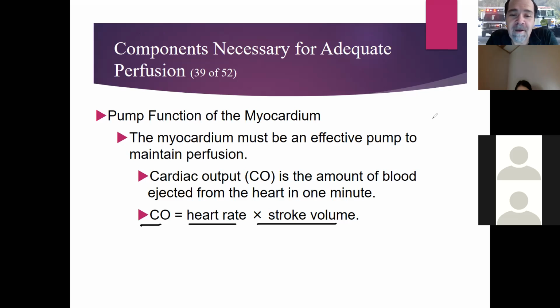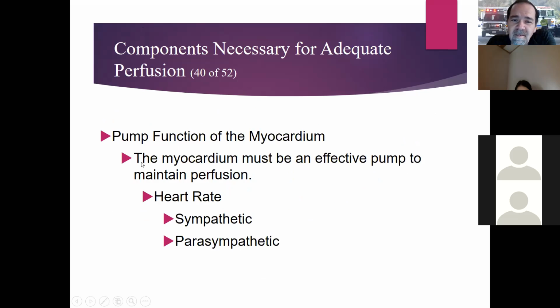Okay, so basically cardiac output equals the heart rate, which is how many beats per minute the heart's going to go, and the stroke volume, which is the contractile force of the heart itself. The myocardium must be an effective pump to maintain perfusion. Heart rate is controlled by the sympathetic nervous system, and it's also controlled by the parasympathetic nervous system.